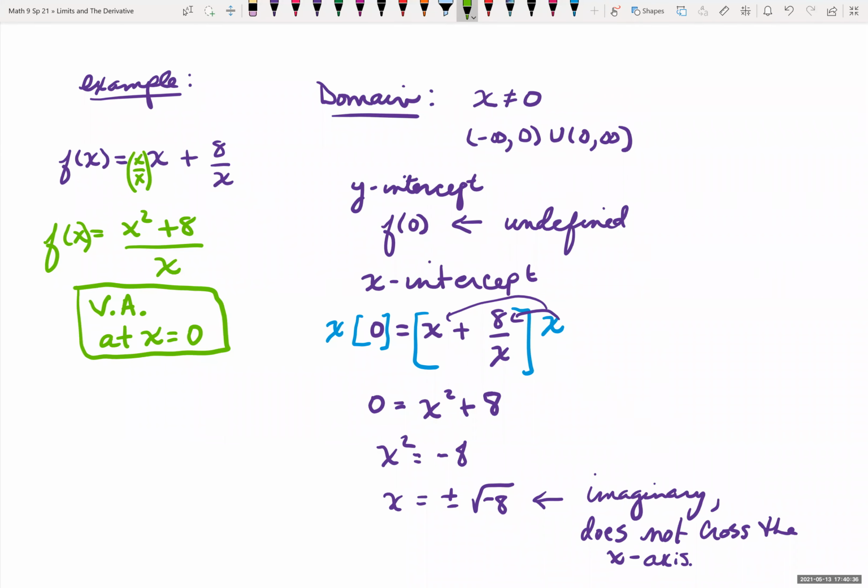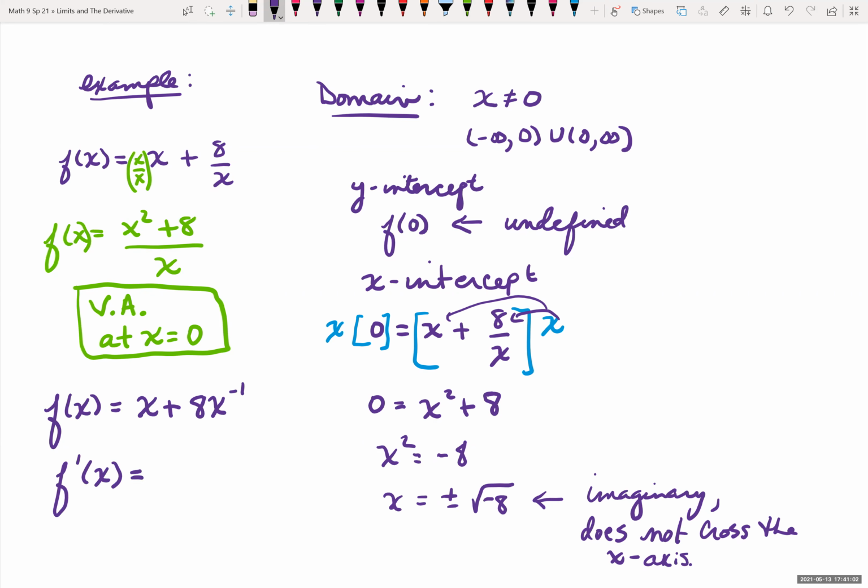To me, though, it's easier to take the derivative of what we originally had. Let's look at our original function as x plus, and so instead of writing it as 8 over x, let's write it as 8 times x to the -1 power. So we want to find the first derivative.